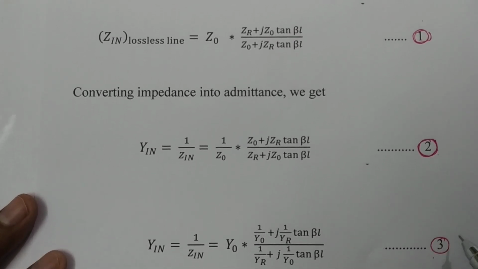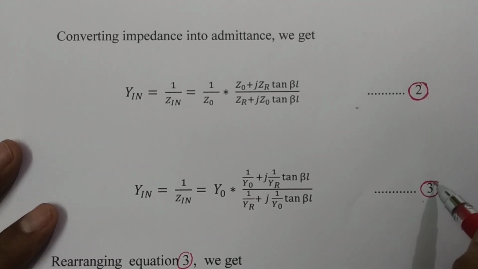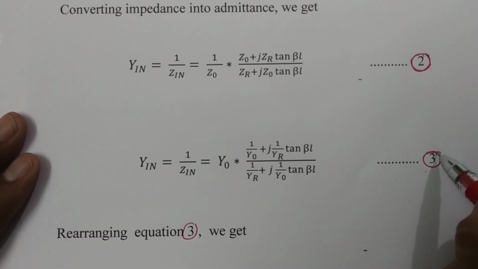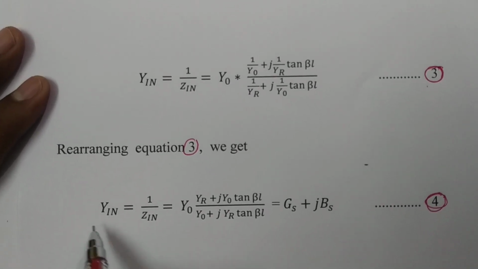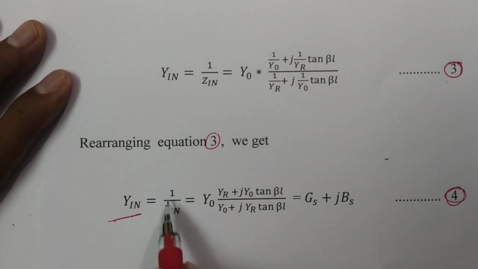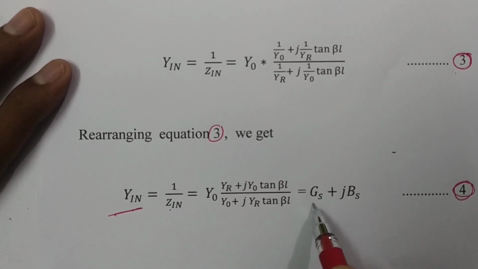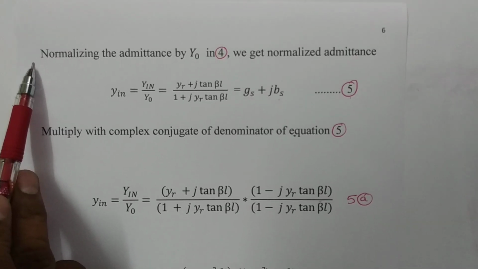Writing equation 2 in terms of admittance, we get equation number 3, and rearranging 3, we get equation number 4, that is, admittance capital Y in, equal to 1 by Z in terms of conductance and susceptance.